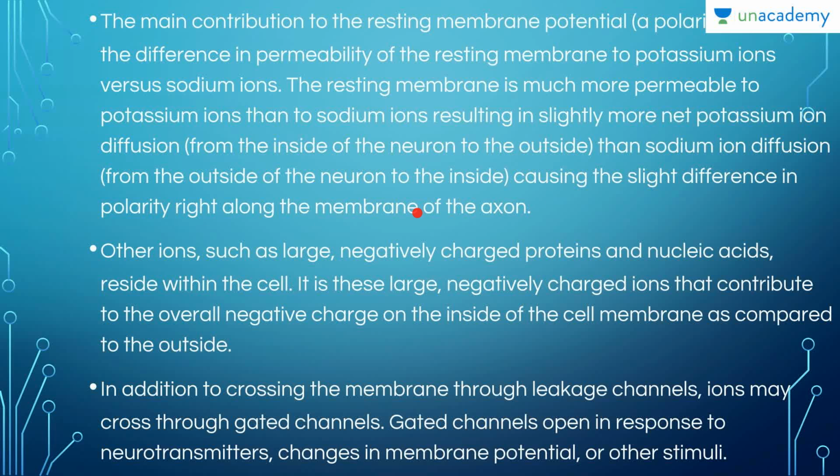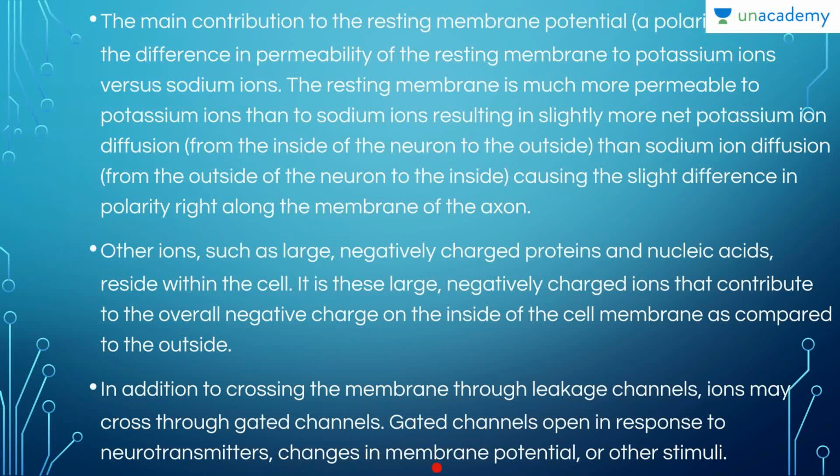Other ions such as large negatively charged proteins and nucleic acids reside within the cell. It is these large negatively charged ions that contribute to the overall negative charge on the inside of the cell membrane as compared to the outside. In addition to crossing the membrane through leakage channels, ions may also cross through gated channels.